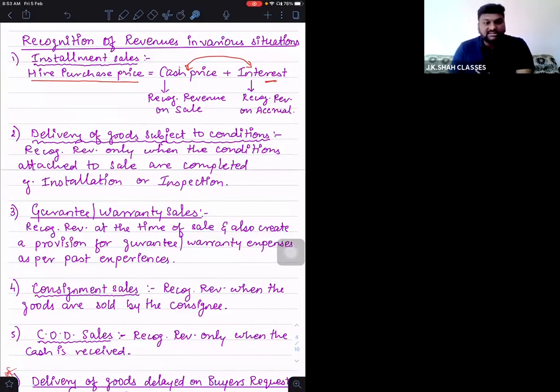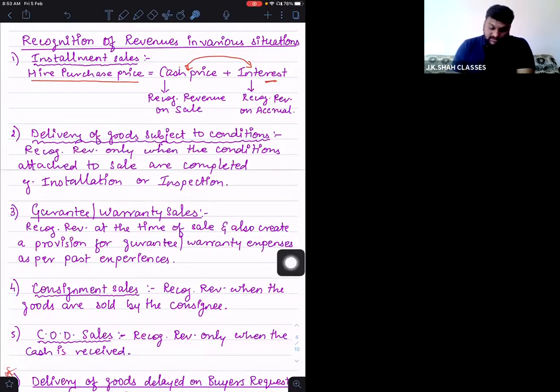The conditions in this case are installation or inspection carried out by the seller. When the proper installation is done, inspection is done, and you give a clean report that everything is fine, after that you can recognize the revenue. Till then, revenue cannot be recognized, because your performance obligation gets over when installation or inspection is completed.